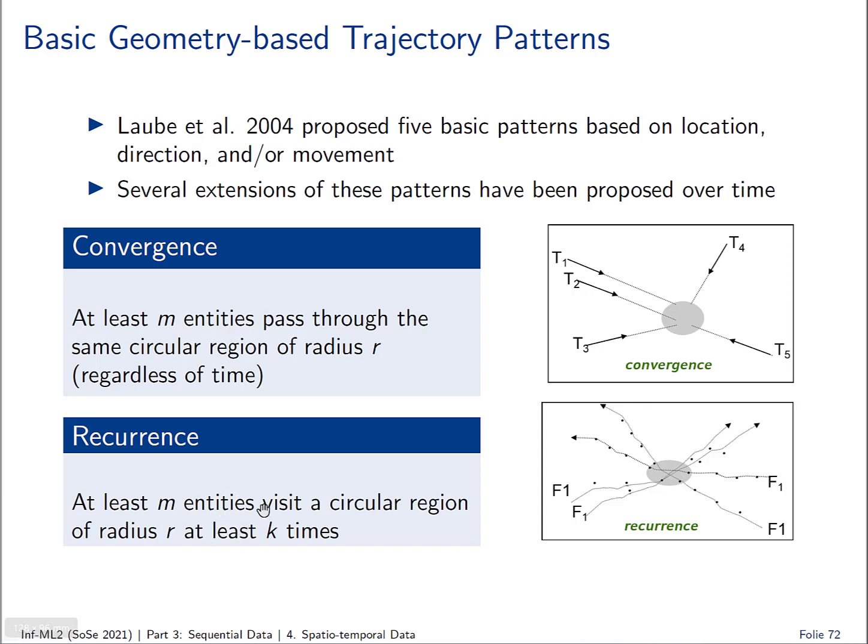So recurrence need not be k subsequent time slots, but it needs to be at least k time slots. So it is a little bit more specific than convergence: convergence, but at least k times for each entity. But in the end, it's more or less the same, yeah. The reoccurrence point is the at least k times.